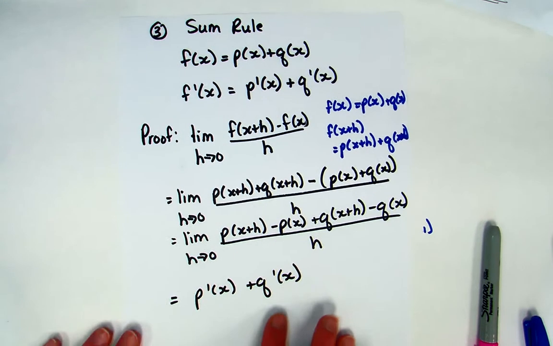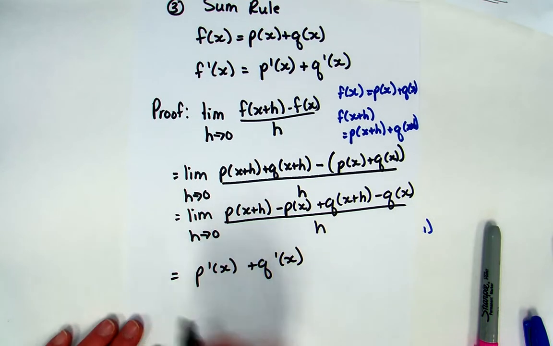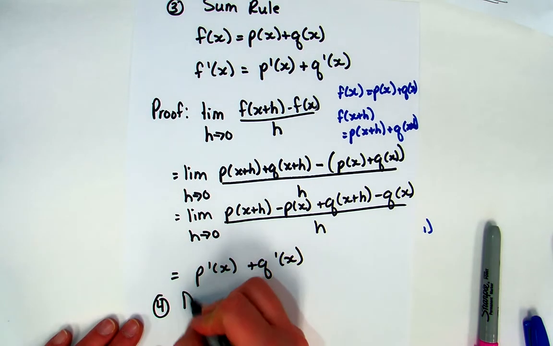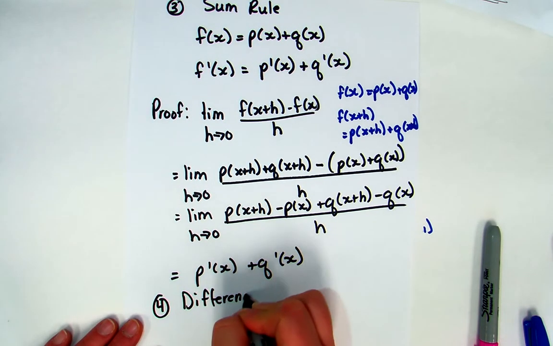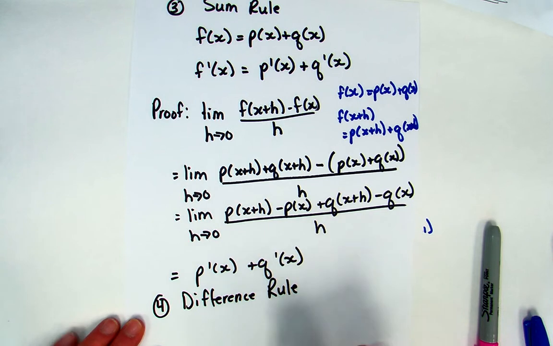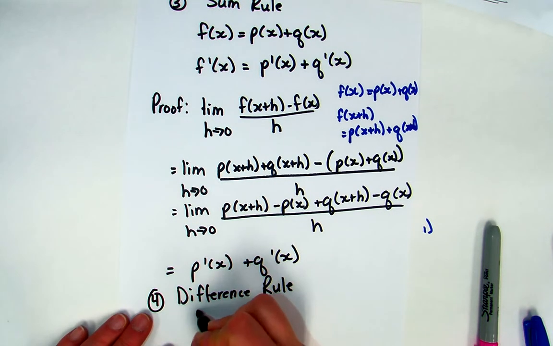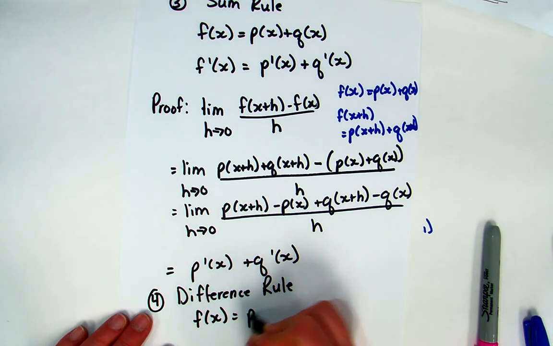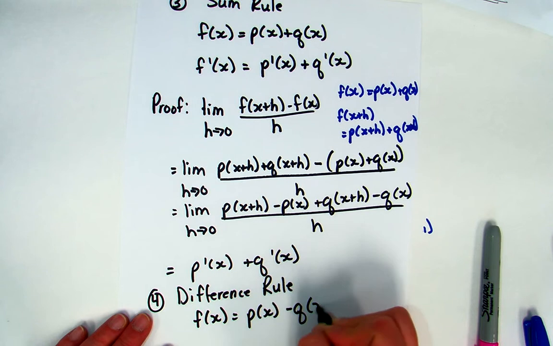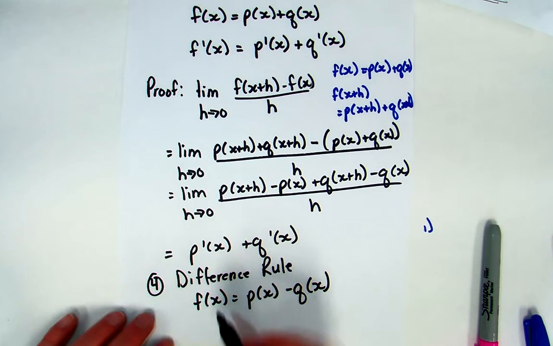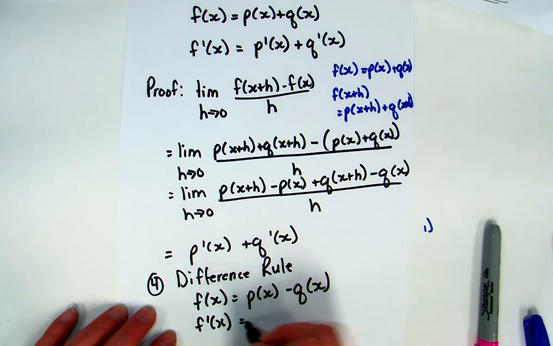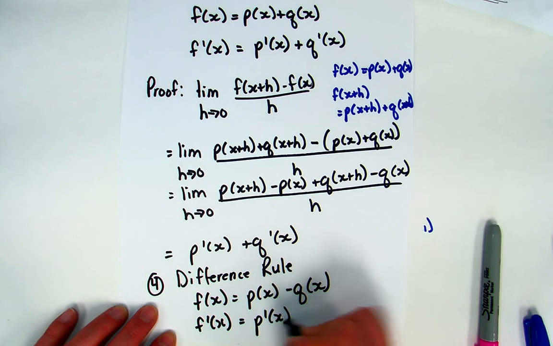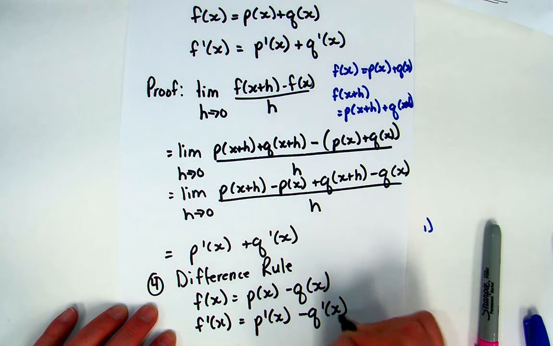Our difference rule is going to work much the same. If you have f at x equal to p at x subtract q at x, then f prime, or the derivative of f, is going to be the derivative of p subtract the derivative of q.